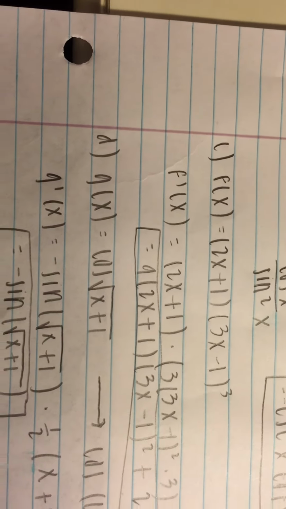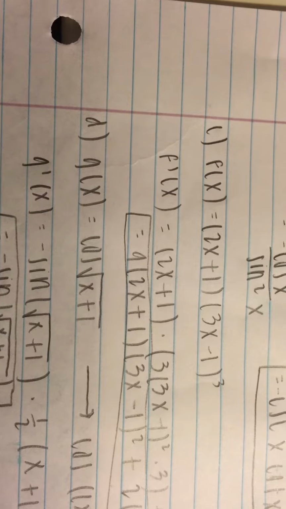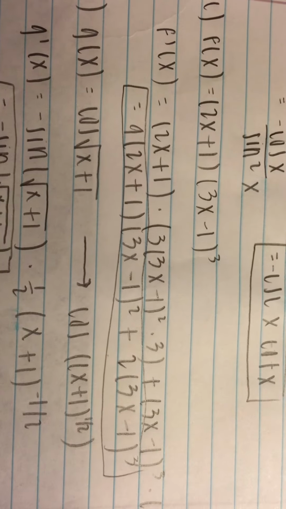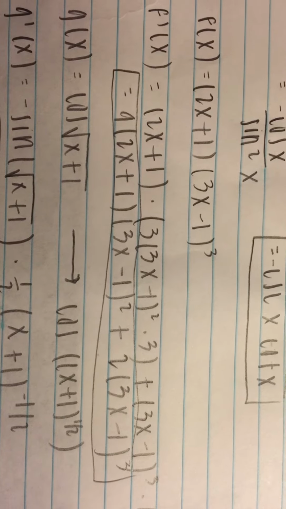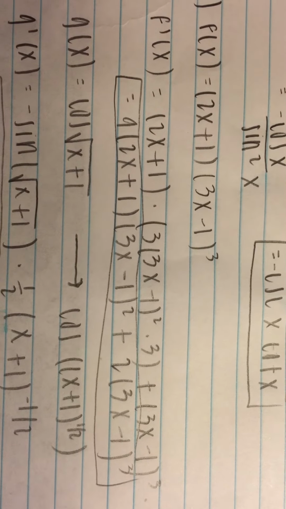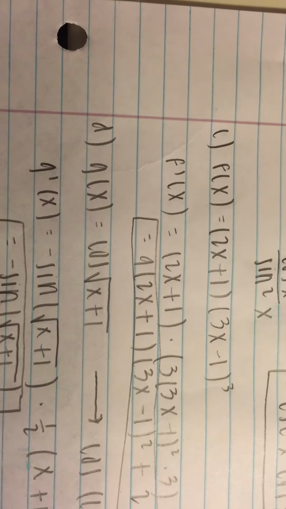And then for D, we are given g of x equals cosine of root x plus 1, and that I just rewrote as cosine of x plus 1 to the 1/2 power. And so to solve this, we can use the chain rule.